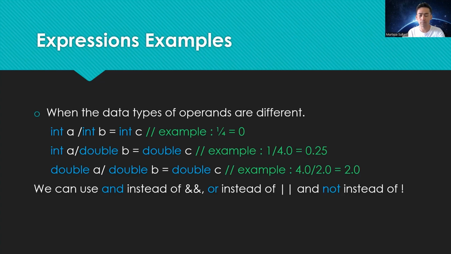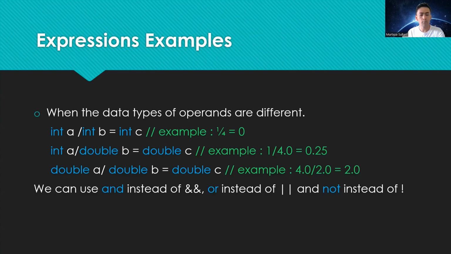For example, 1 divided by 4: 1 is integer, 4 is integer, the result is 0, because both the numerator and the denominator are integers.